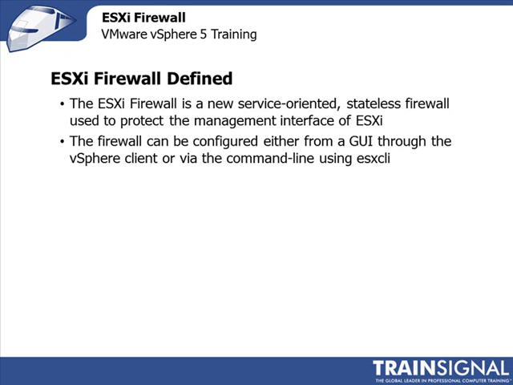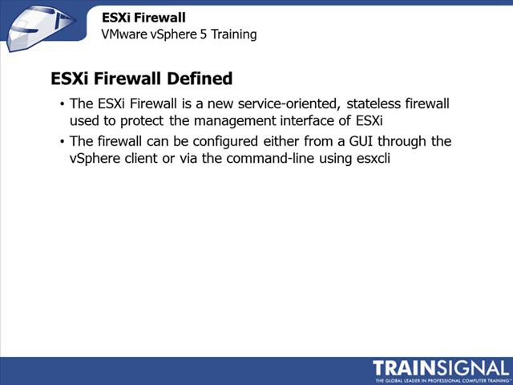In a nutshell, if I was to define the ESXi firewall, I would say that it is a service-oriented stateless firewall used to protect the management interface of ESXi. So again, you have to understand what the ESXi firewall is built for. It's not built to protect the whole of the host with all the virtual machines that are running on it. It was built specifically to control and secure the management interface of ESXi.